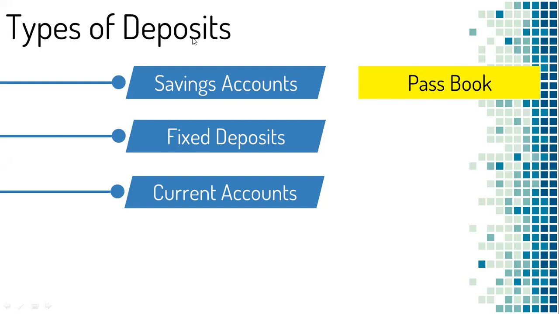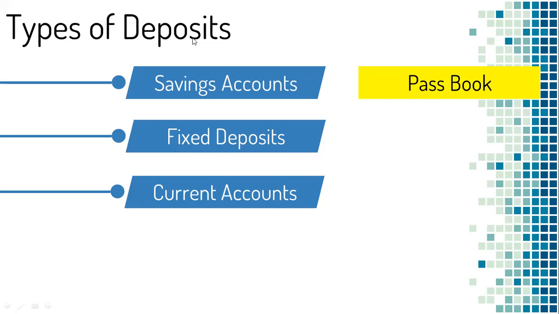Okay, Dunit has a savings account. Who else? I think most of the students have, because parents normally open a savings account for their kids. Okay, Oshani, very good. Who else?